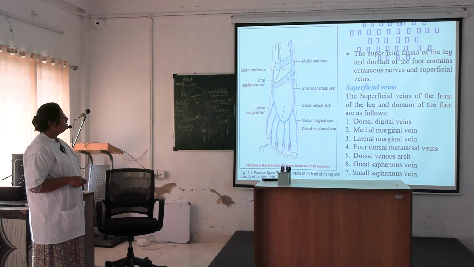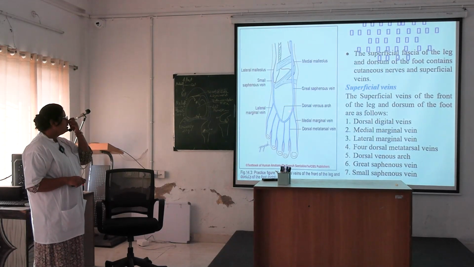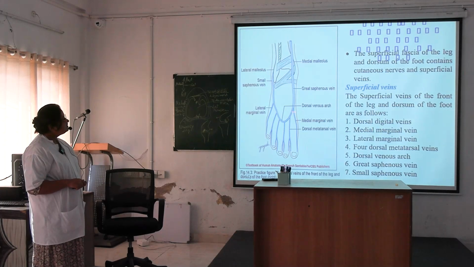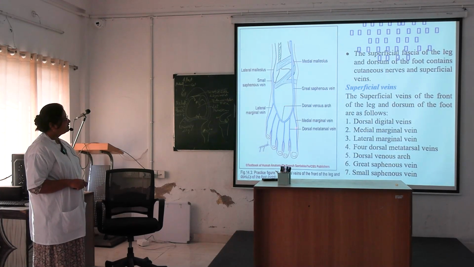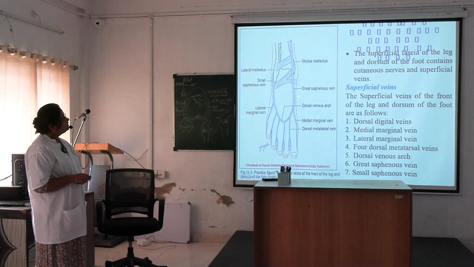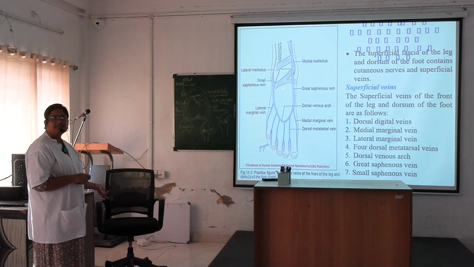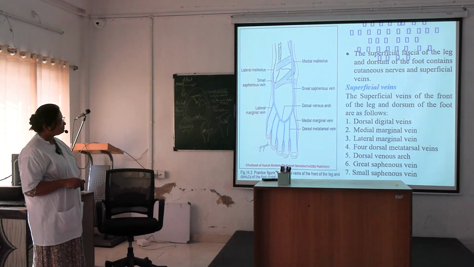The dorsal venous arch joins with the medial marginal vein medially and lateral marginal vein laterally. Medially it is continuous upward as the great saphenous vein, which lies anterior to the medial malleolus, and laterally it is continuous as the small saphenous vein, which lies posterior to the lateral malleolus. These relations are important.